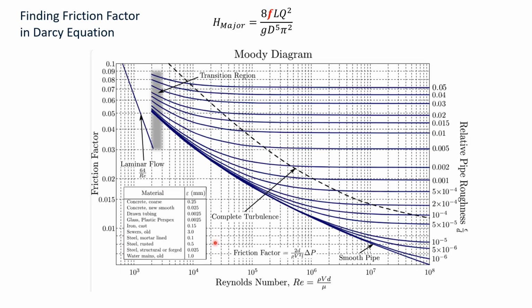And here we can find different pipe roughness values for different types of materials. So we can divide the roughness value by the diameter to get the relative pipe roughness. Then we can intersect the Reynolds number with the roughness to get the friction factor.